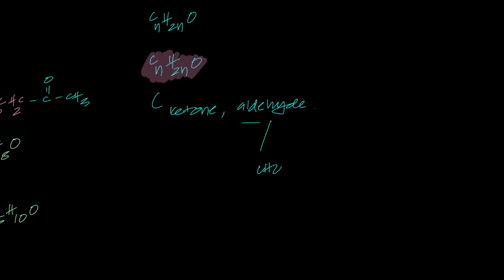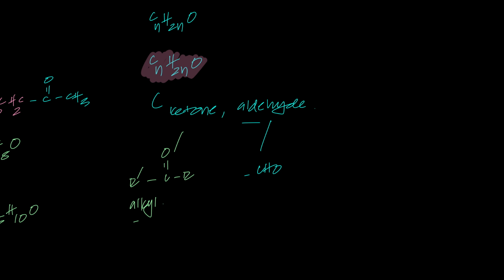This is the CHO group of atoms, and this is basically the CO bonded to the R's. It's basically C double bonded to O bonded to R and R dash, where R and R dash are only alkyls. It can't be a hydrogen. So fundamentally they both have the same molecular formula, but their structures are different.